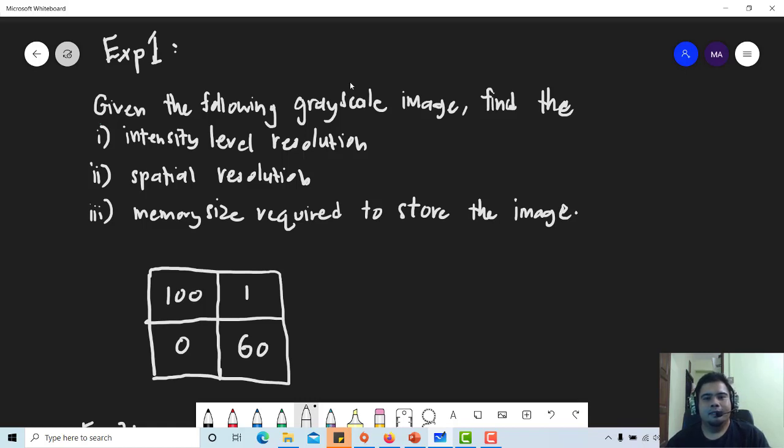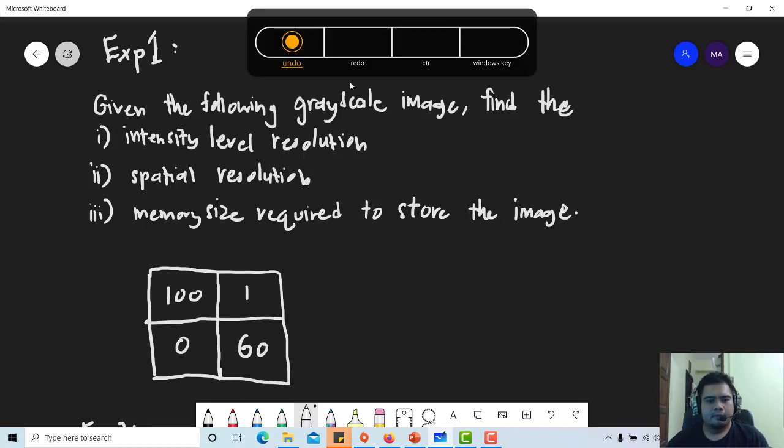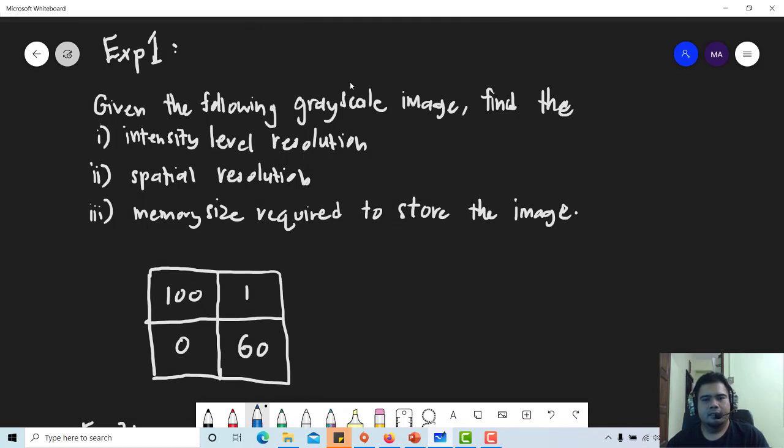Since the question does not mention the intensity level resolution, but you know the image is a grayscale image, then you can set it by default, which should be 8 bits per pixel.